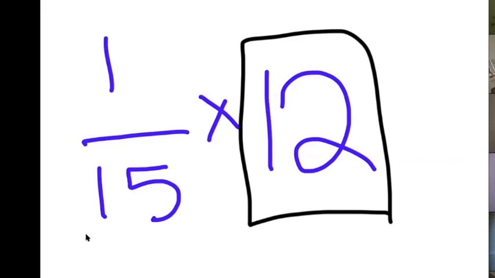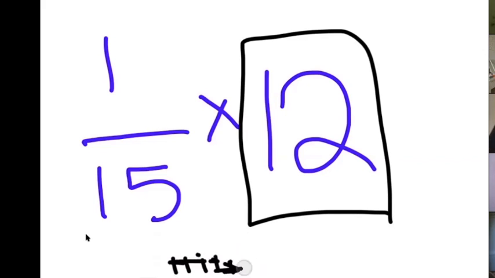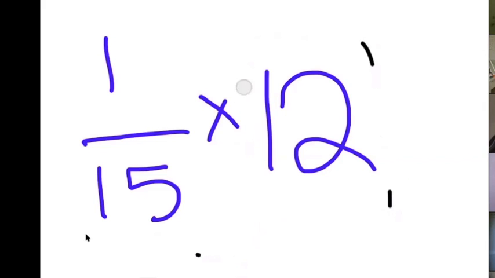Casey? 12 times. Would that take a really long time? Yeah, that would take a super long time, having to draw out 1, 2, 3, 4, 5, 6, 7, 8, however many things I have to draw to make a 15th, and then doing that 12 times, that would take a super, super long time.